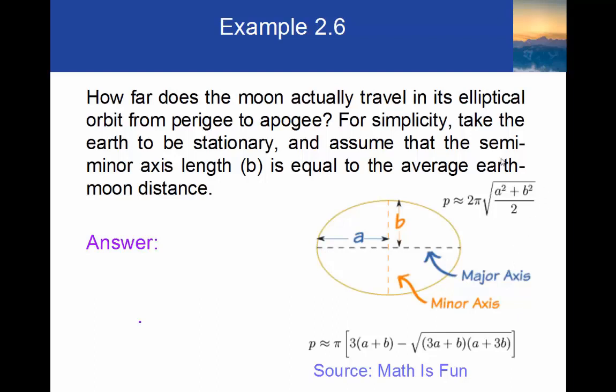So this formula works reasonably well. It should get you an answer within about 5%. This formula is slightly better in that it will be a little more accurate for computing the perimeter. I'm going to go ahead and use the easier formula and call it close enough.